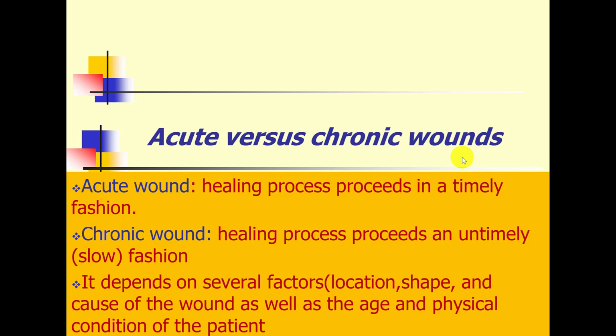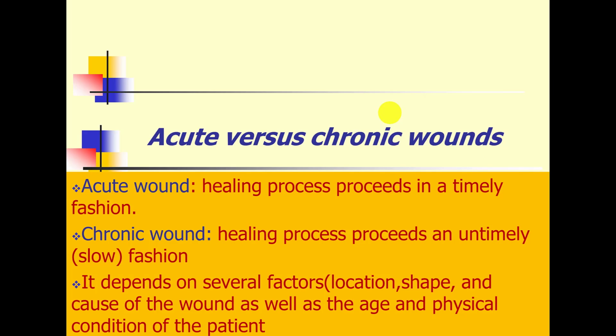We must understand acute versus chronic wounds. Whenever we have a trauma, any disruption of the surface epithelium, we consider this an acute wound, and usually this heals within a few days, about 2 to 3 weeks.